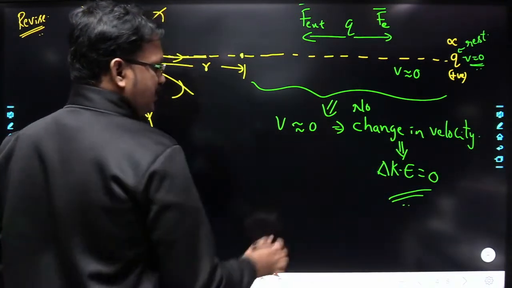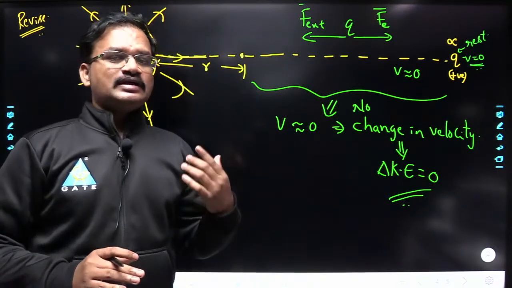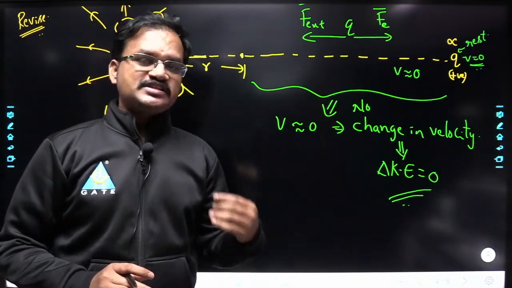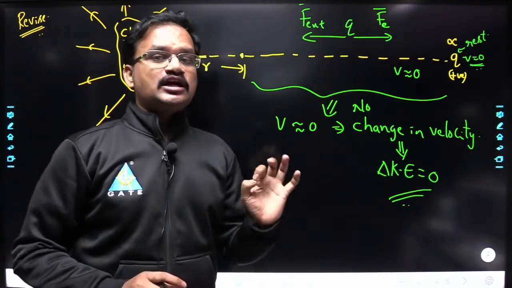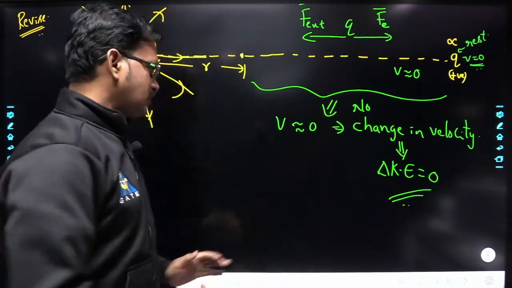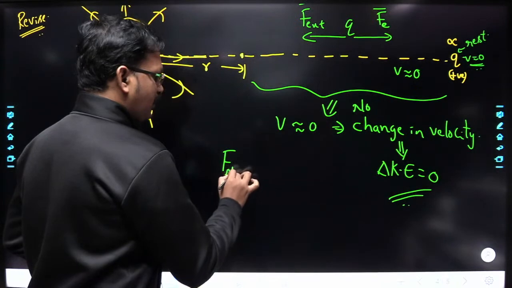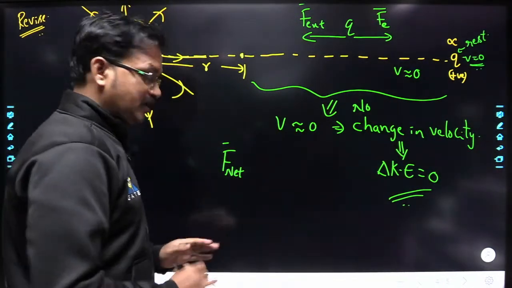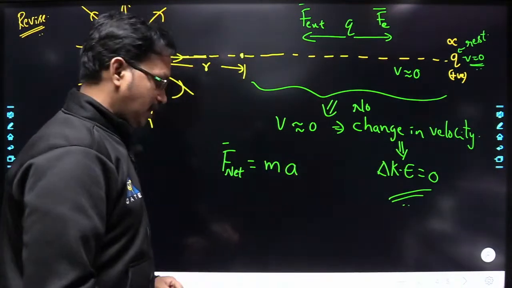See, on any object, if there acts a net force, that means if the net force on any object is not equal to 0, then that object is going to experience acceleration. We know that F net is equal to m into a.